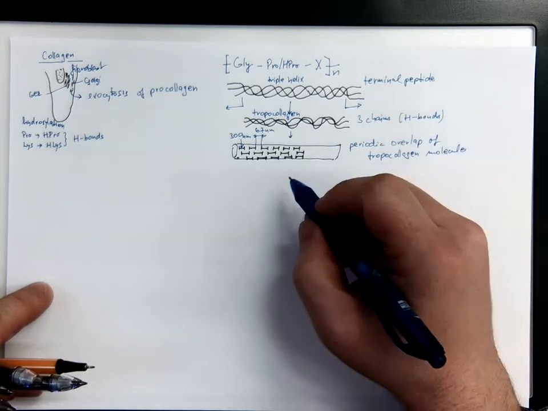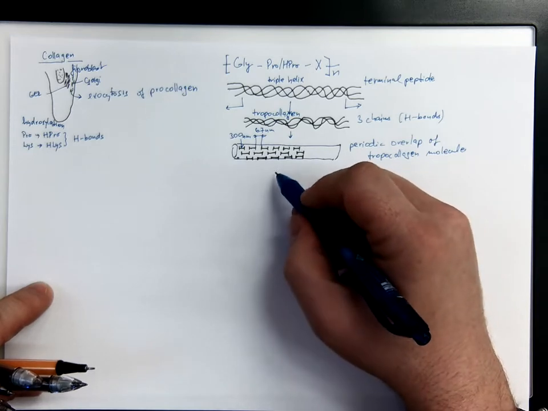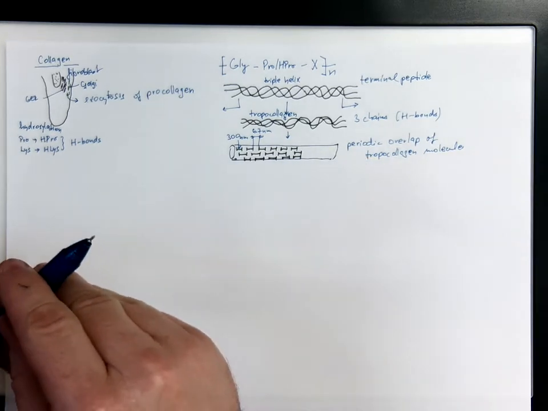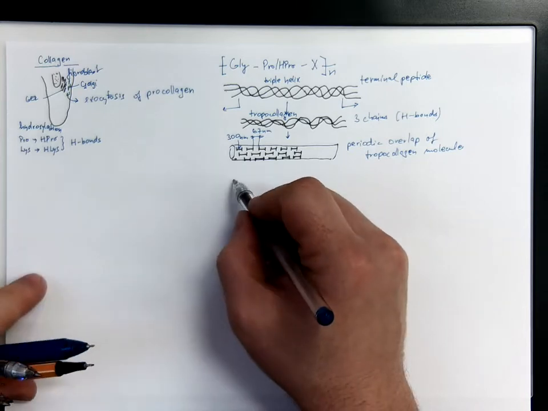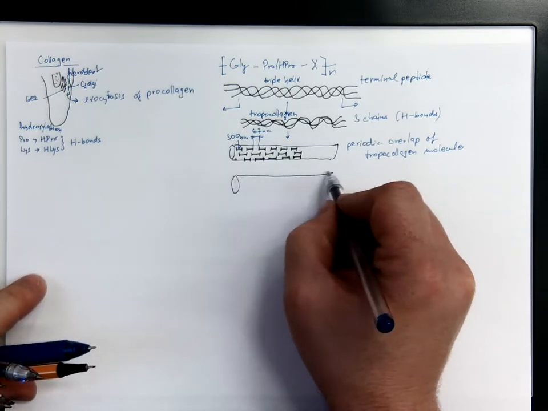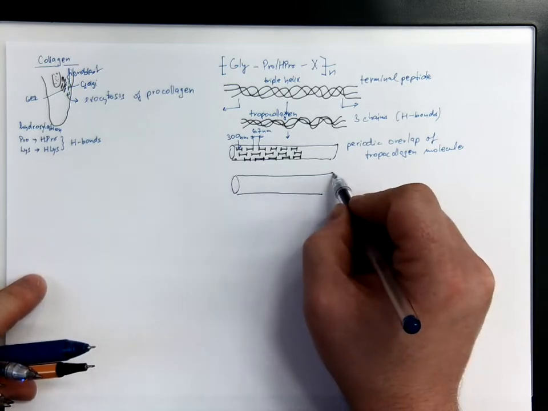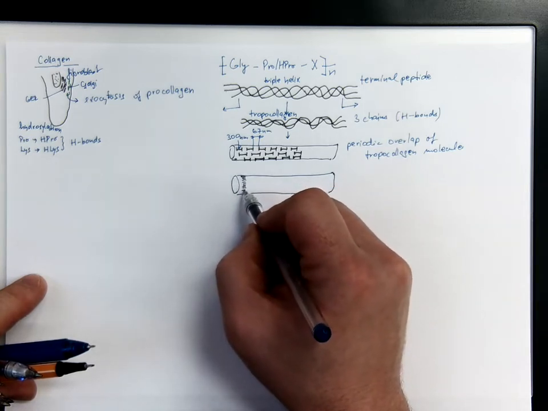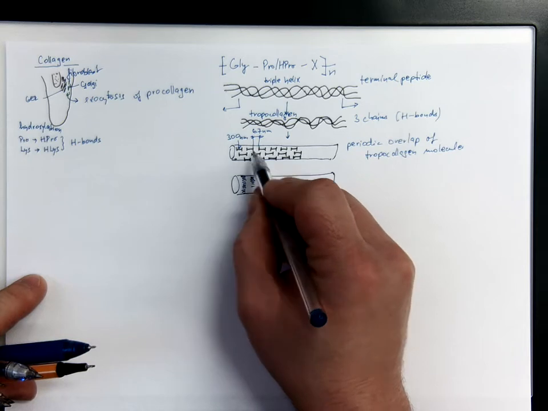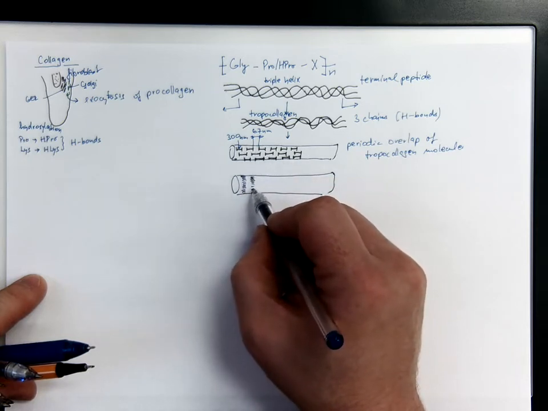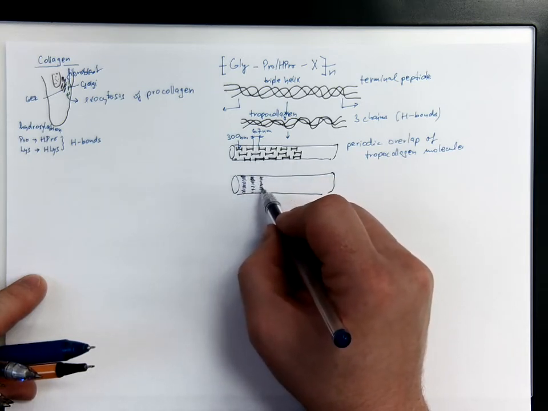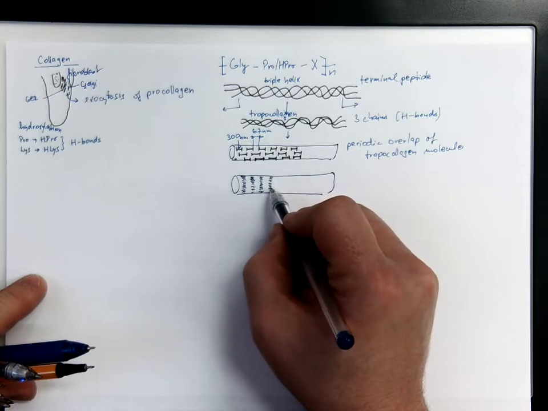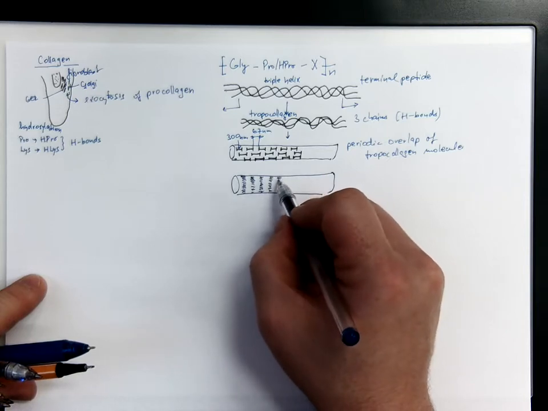Thus, the tropocollagen molecules form structures of higher order called collagen microfibrils, which have a cross-striation optical phenomenon. This results from the periodic overlap. So in the electron microscope, you can see this cross-striation.